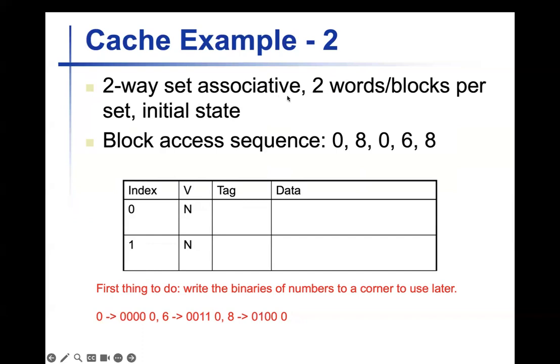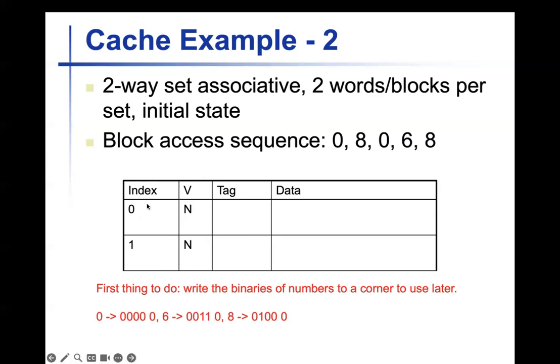In a two-way set associative cache, I'm going to have 2 words or 2 blocks per set. So the initial state would look like this. I can still keep 4 different blocks, but as you can see, I am going to be addressing them with 2 different numbers, 0 and 1.